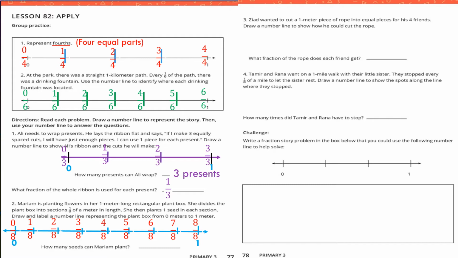So we have how many seeds in all sections? She plants one seed in each section. So 8 seeds. Okay, the next page here, example 3 and 4, you can solve it as a homework.